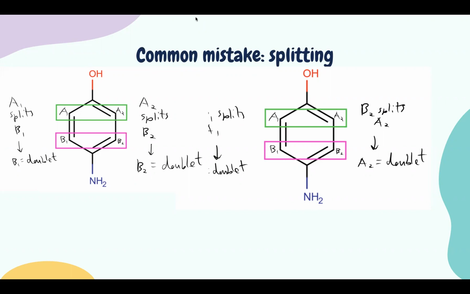So they're actually members of the same signal. And A1 is being split by B1, and A2 is being split by B2 in the exact same way, which results in the signals from two different hydrogens, both of which are doublets, being combined into one signal. And the same thing happens as B1 splits A1 and B2 splits A2.